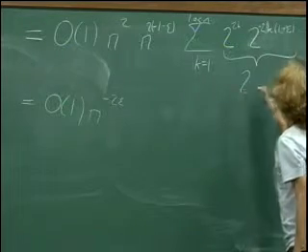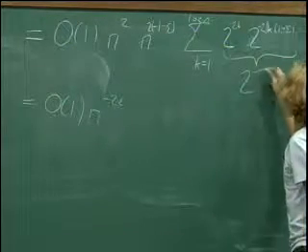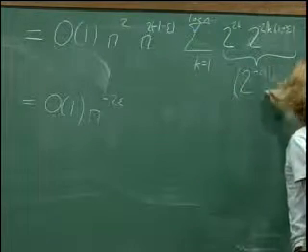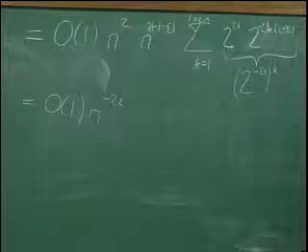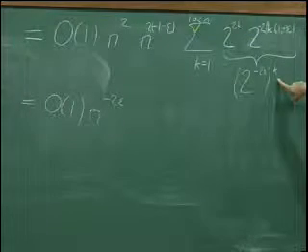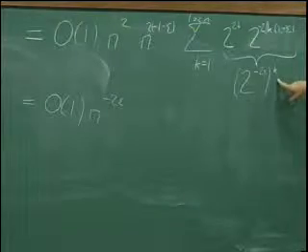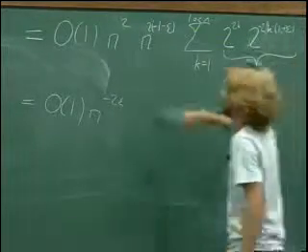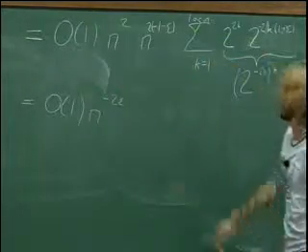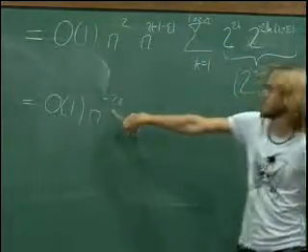This thing is 2 to the minus 2 epsilon to the k. Now you see why I didn't worry about the exact things, because this is a geometric sum. The geometric sum will converge, so this is going to go right into that big O of 1 term we've got there, and we're just going to be left with this.